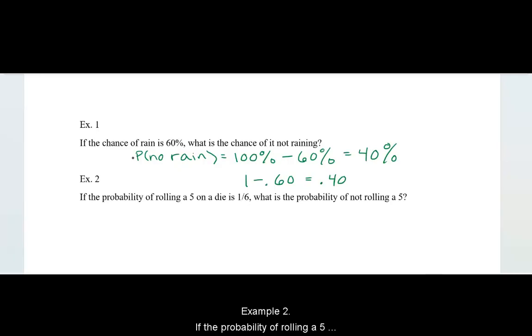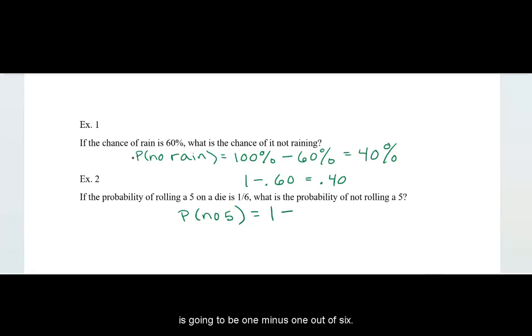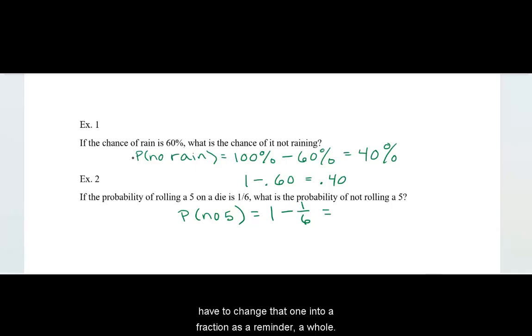Example 2. If the probability of rolling a 5 on a die is 1 out of 6, what is the probability of not rolling a 5? Well, the probability is going to be 1 minus 1 out of 6. This is where you're going to have to change that 1 into a fraction. As a reminder, 1 whole, look at the denominator here.